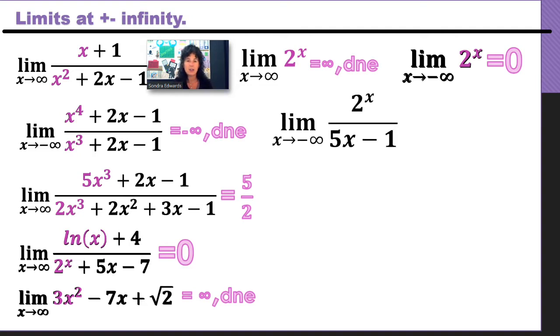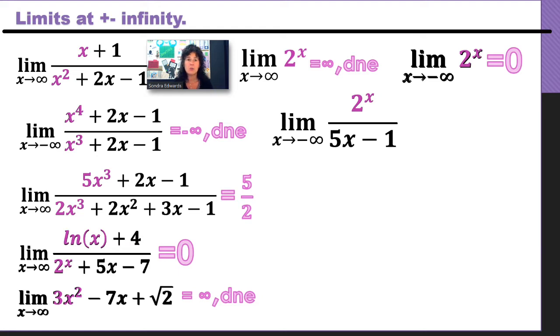Okay, here we have another one. A little bit tricky again because of that 2 to the power of x. Normally you'd look at it and say, oh, well, the exponential function 2 to the x, that's getting larger much faster than something linear. But because x is approaching negative infinity, let's just focus for a second on the numerator.